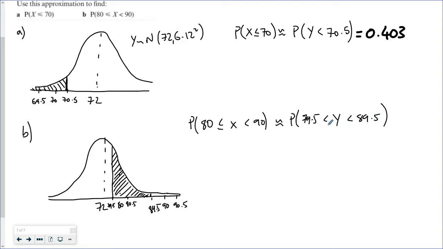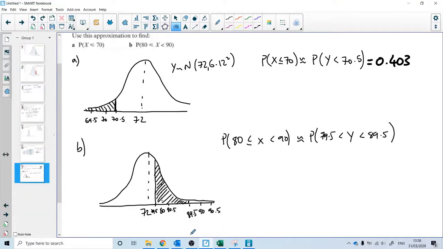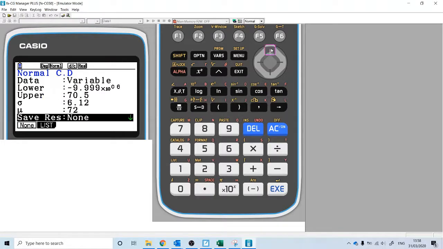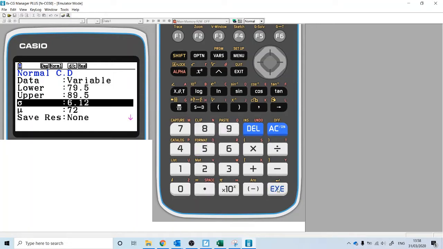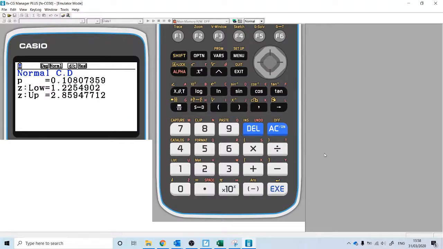And it doesn't matter whether you put a strict or not strict inequality, so you could have put or equal to on either of these inequalities. It doesn't make a difference. So we're going to go to our calculator and just change the lower to 79.5 and the upper to 89.5. And we'd get 0.108.